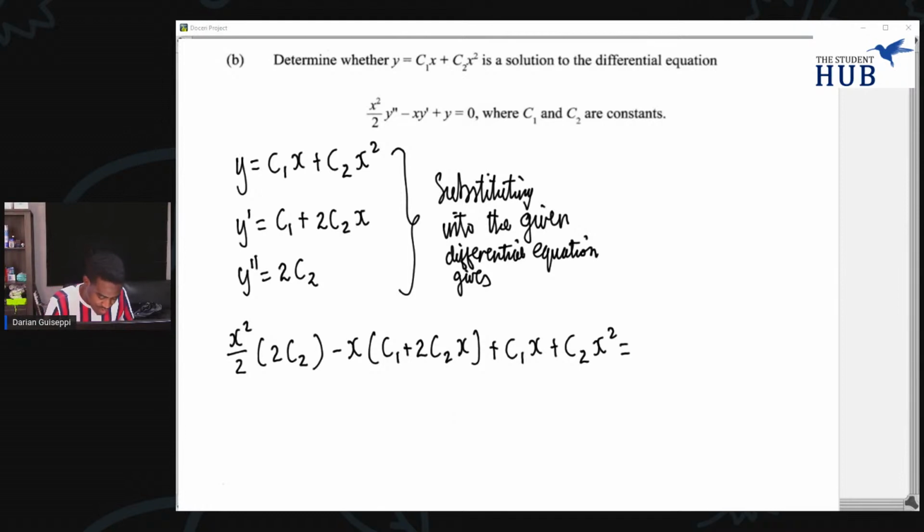So let's work it out a little bit. We have to multiply this by this and do a little multiplication and see how things go. The first thing, when you multiply it, you will get x squared times c2. You can see that the 2's will cancel off here. And then this one here, negative x times c1 is negative c1x.